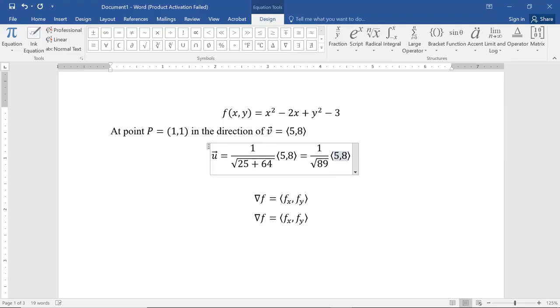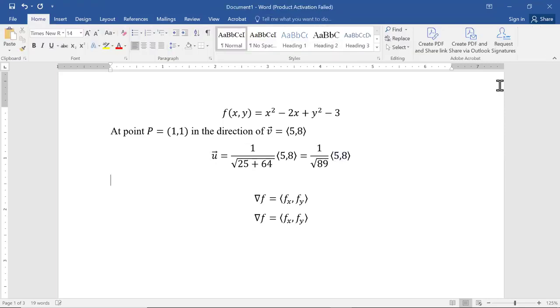There we go. So that's the unit vector in that direction. Now the gradient we know is f sub x comma f sub y. And we've already calculated f sub x and f sub y for this function. F sub x is 2x minus 2. F sub y is 2y for this function.